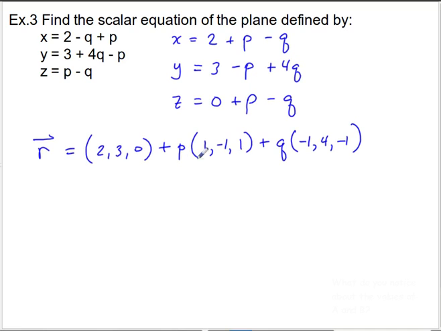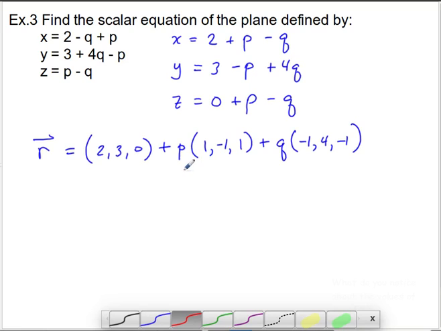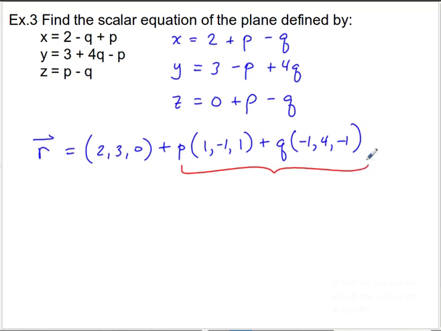And so now that I have my two direction vectors, for my normal I just need anything that's going to be perpendicular to this plane in order to describe it using a normal. And so I can just take 1, negative 1, 1, crossed with negative 1, 4, negative 1.